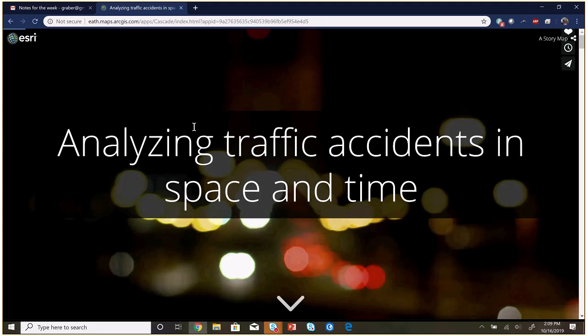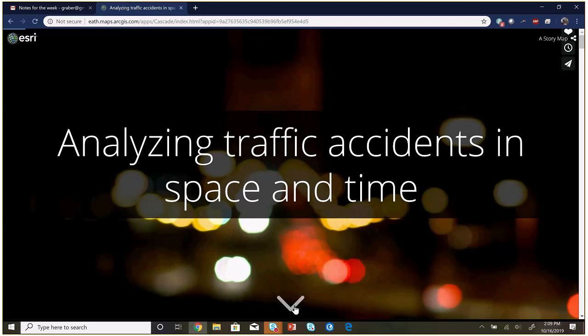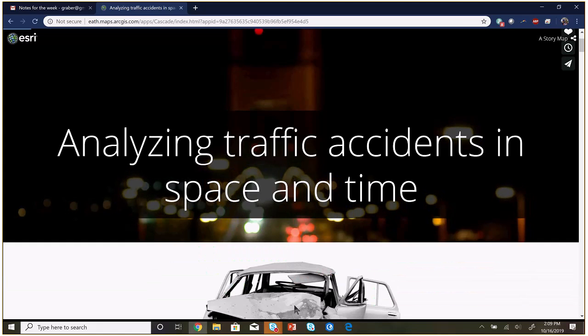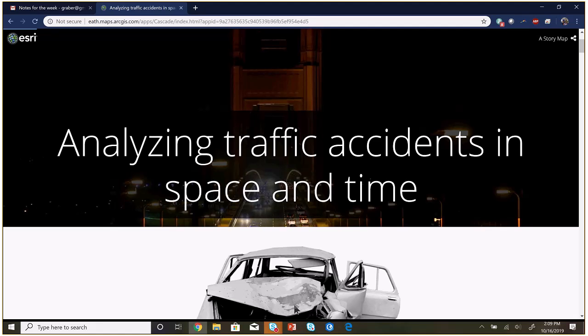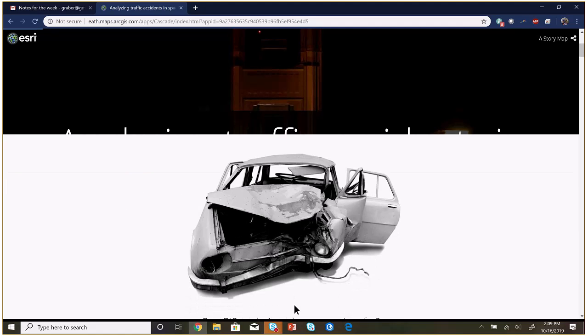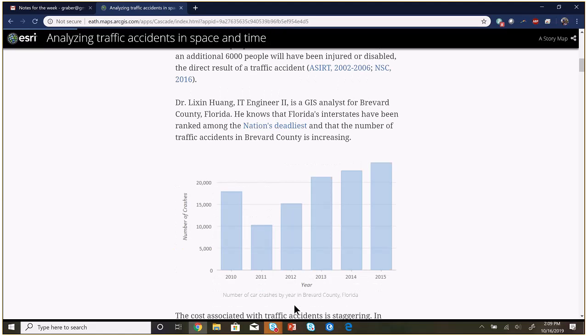So, this was a story map that they created over a year ago because I had this last time I taught the course. But here we are looking at average traffic incidences in space and time. They're looking at, I kind of had a test question like this, right? Except I had words.